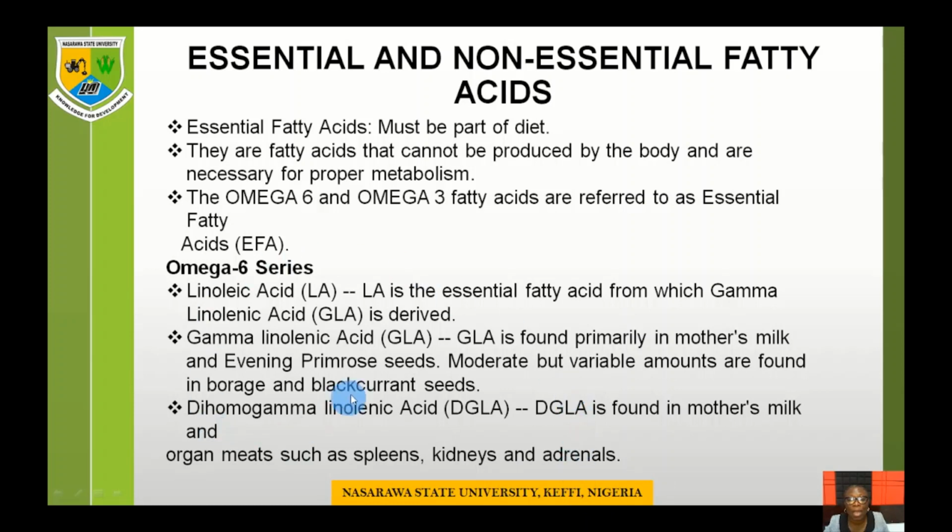So all these are omega-6 series, and they are essential fatty acid. They must be supplied in the body. That's why it's important for women to breastfeed their children, because it contains the essential fatty acid that is needed for growth.